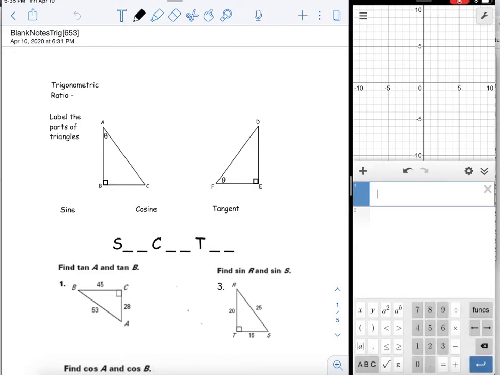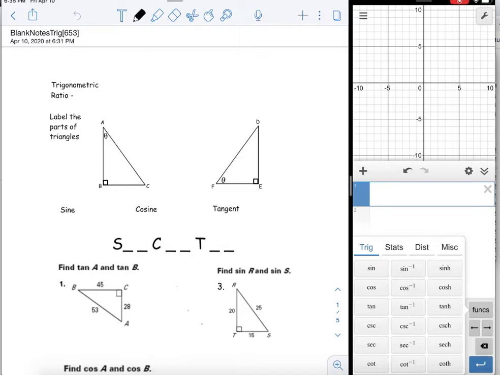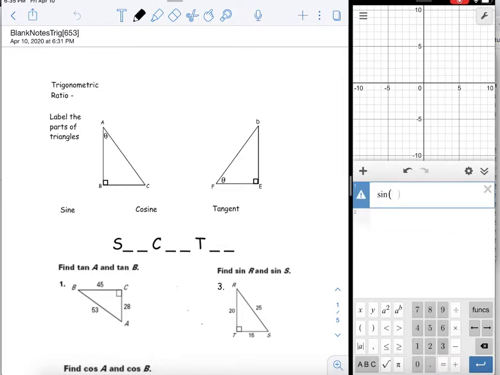If you ever want to test that you're in degree mode, sine of 30 is 1/2, and you can check that. See where it says functions in the buttons at the bottom for the Desmos app. Pick functions, pick sine, and then type 30. And if you get 0.5, you're all good and you are in the right format.